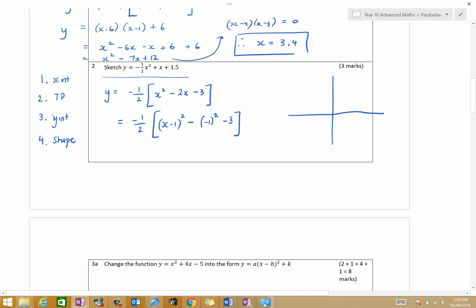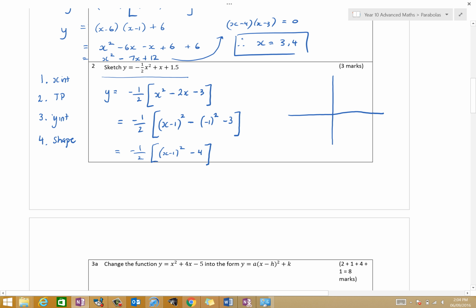Now I go ahead and simplify those numbers inside the brackets. I've got that negative a half there, it still stays. I've got x minus 1 squared. Now be careful, negative 1 squared is positive 1, but then there's a negative out the front. So it's negative 1, negative 3, which is negative 4.